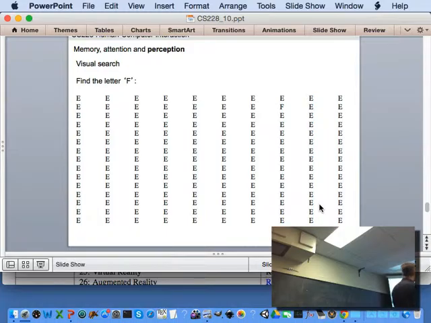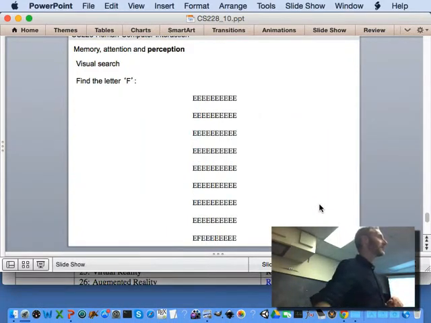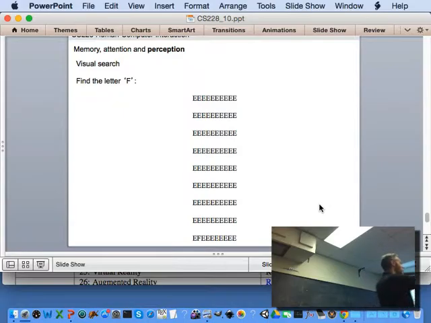Exactly, right? So I can make this task easier or harder by the actual spatial distribution of things. So if I'm trying to help the user find the F, and maybe you're not creating an interface like that, but whatever the goal is, even with the same amount of ink, it's not just a matter of drawing too much stuff to the screen and distracting the user.